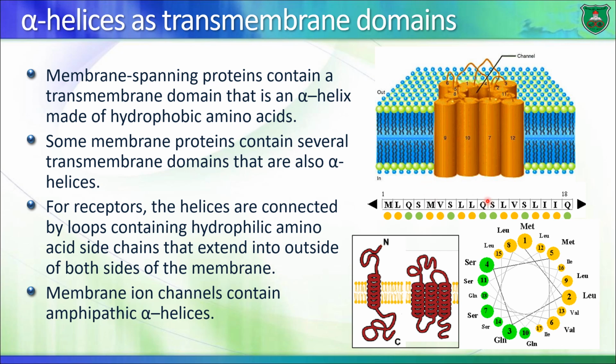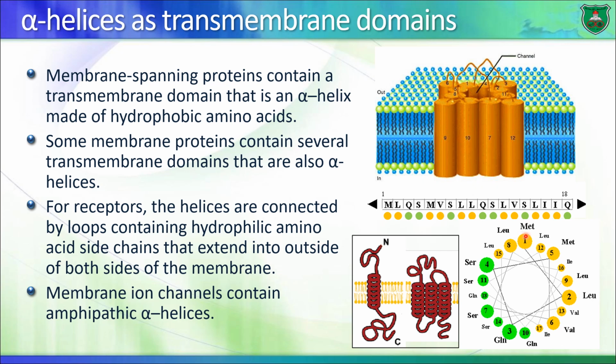So you have an alpha helix that is organized in a way where if you have a top view of the alpha helix, okay, so these are the amino acids that make up this alpha helix, you would find that on one side of the alpha helix you have the charged and polar amino acids, and this is the part that faces the opening of the channel or the lumen of the channel.